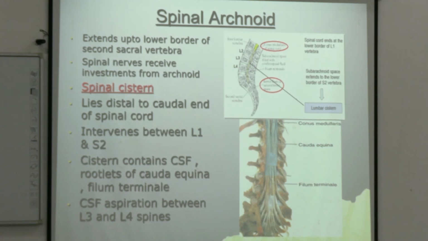You have to clinically diagnose that if it's meningitis or encephalitis, then you have to take the CSF and send it for biochemistry and other related examination of the spinal fluid. And the level where you will put the spinal needle and do the spinal tap is L3 and L4.